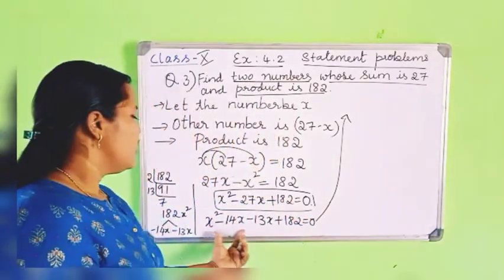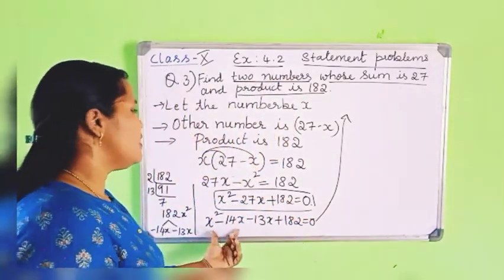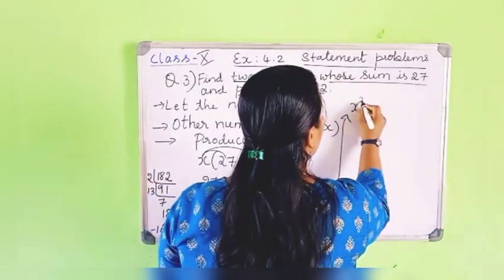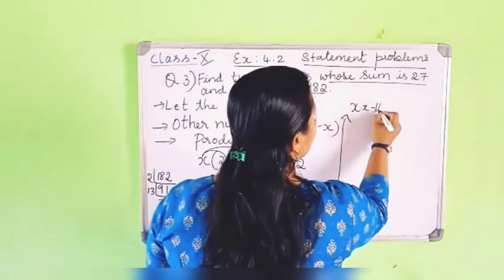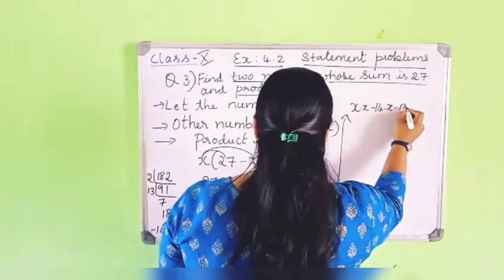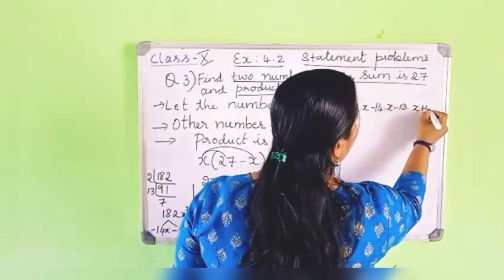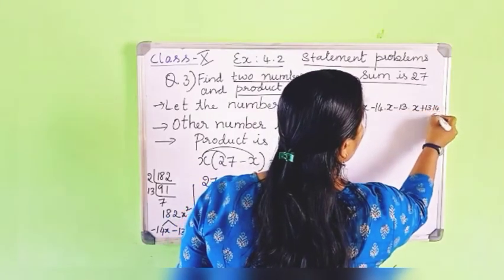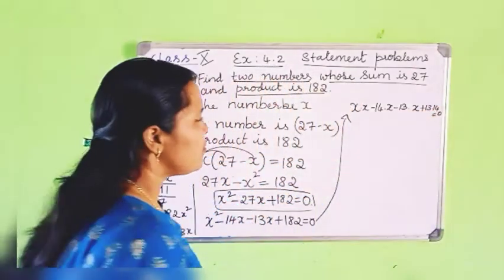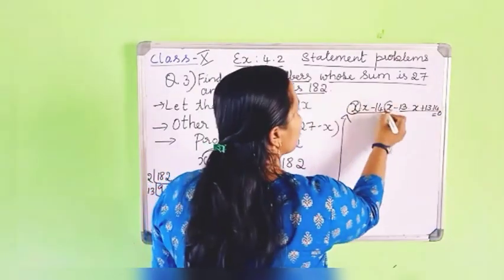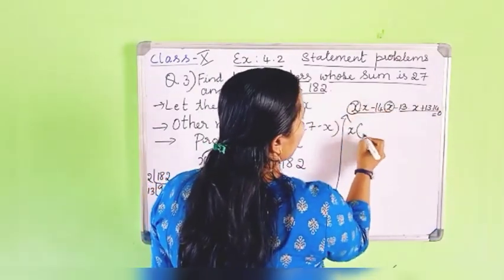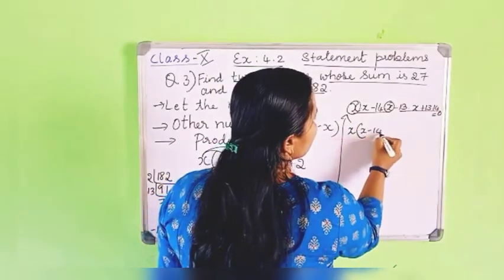Now we'll move to the next step of this. You can factorize the terms. x square can be taken as x into x, minus 14 into x, minus 13 into x, and 182 can be taken as 13 into 14, is equal to 0. You can group two terms and take out the common from here. x, you can take out common, x minus 14.